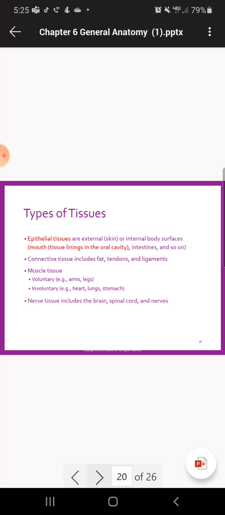Epithelial tissues are external skin or internal body surfaces. Mouth tissue linings in the oral cavity, which is the test question and answer, intestines, and so on. So what is the tissue that lines our mouth? Well, that would be the epithelial tissue. Okay, epithelial tissue. Which kind of body tissue lines the oral cavity, you guys? Epithelial.